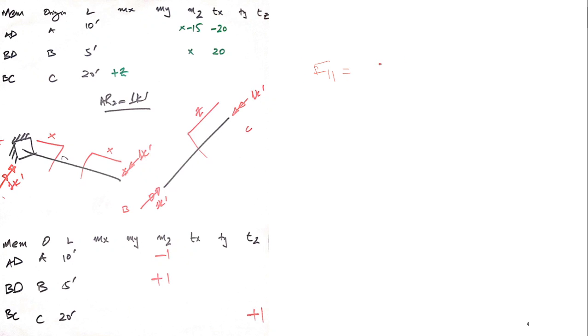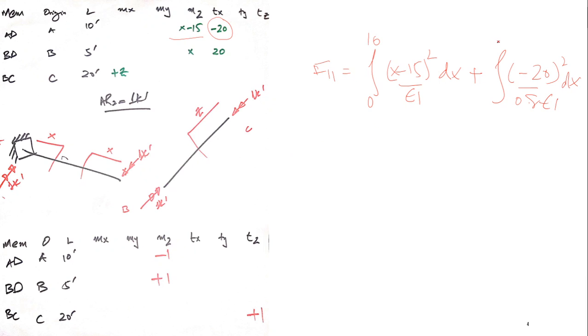So if I calculate F11 here, it would be equal to the integral of (x minus 15) square divided by EI dx, the limit is 10 to 0. Next this, so I'll get minus 20 square, this is Tx, divided by GJ or 0.8 EI.